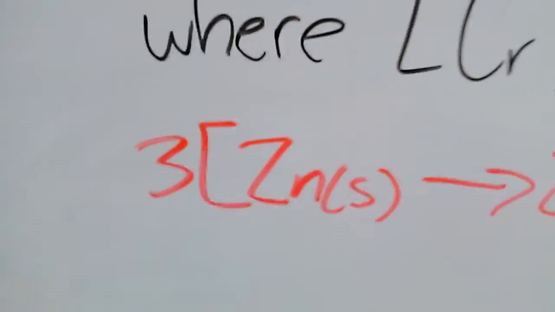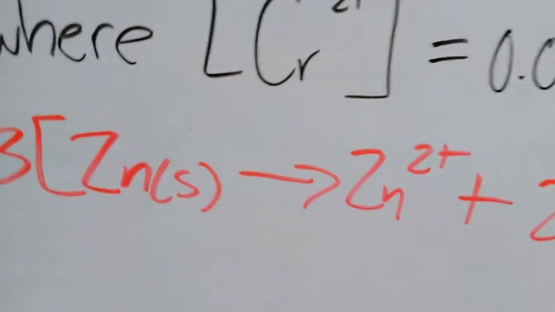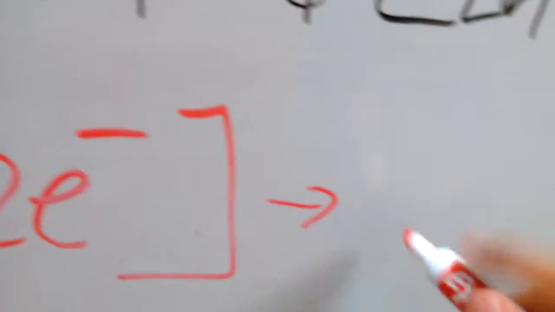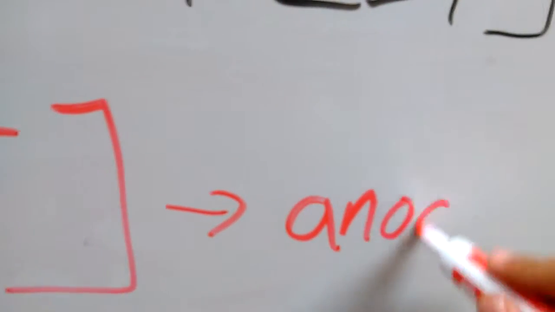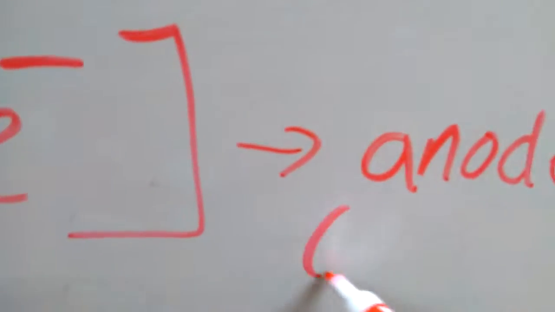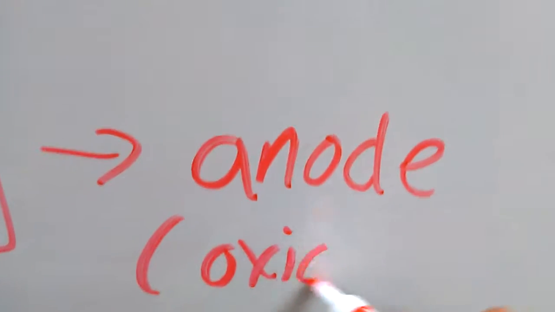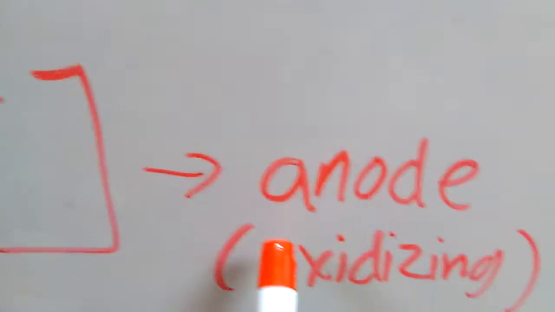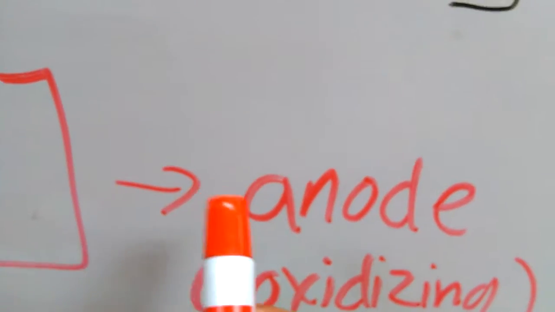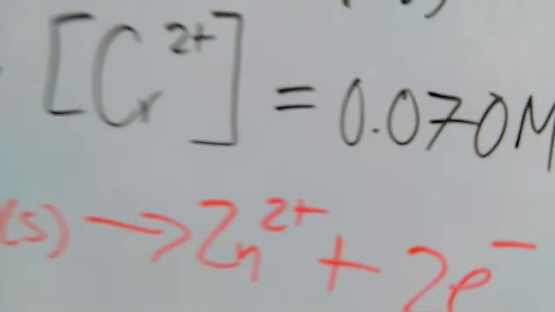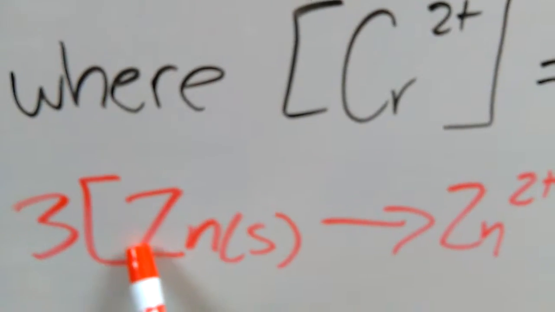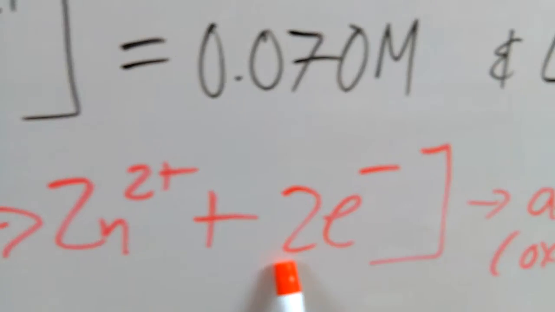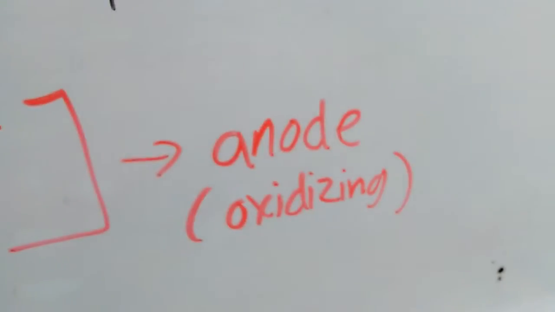If you lost 2 electrons, you're going to realize that this is oxidizing, and if it's oxidizing, it's your anode. So remember your vowels, A and O, they go together. Anodes oxidize. And you can see here how, when you write your half reaction for zinc, you're losing 2 electrons.